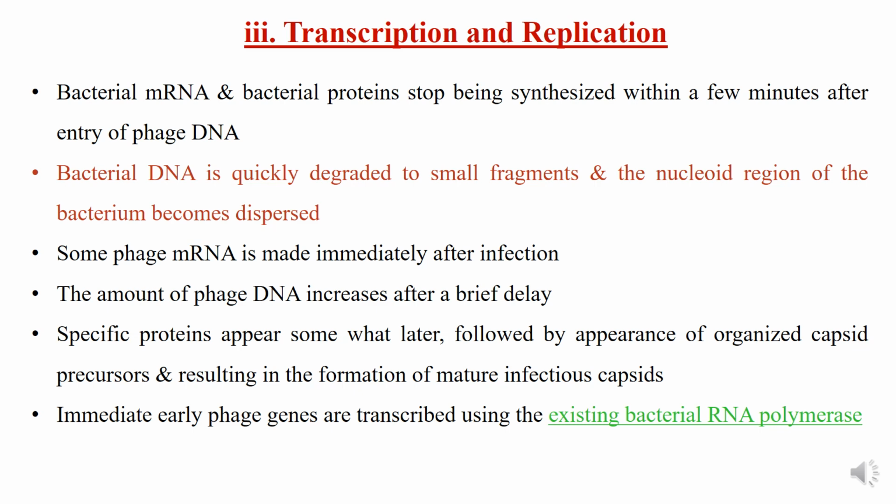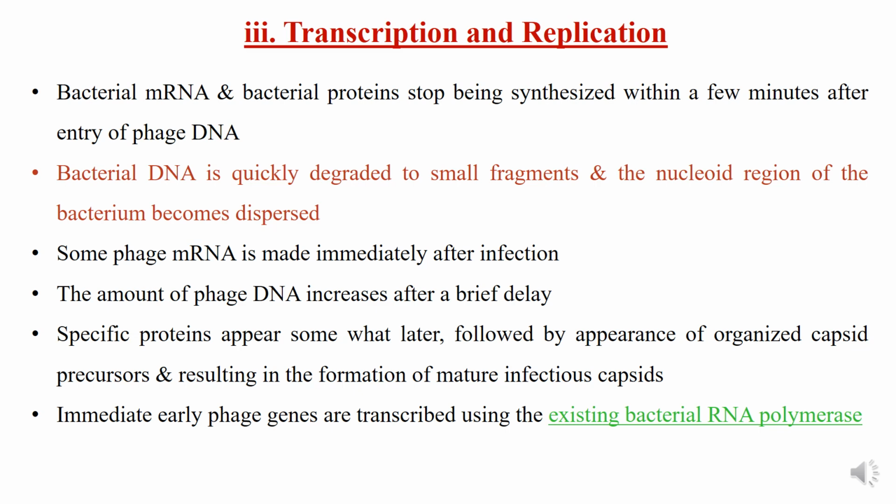Some phage mRNA is also made immediately after infection. Here bacterial mRNA is degraded and its synthesis is stopped, but in contrast the phage mRNA synthesis increases, and the amount of phage DNA also increases after a brief delay. Then specific proteins are synthesized from the DNA and RNA produced by the phage, followed by the appearance of organized capsid precursors.